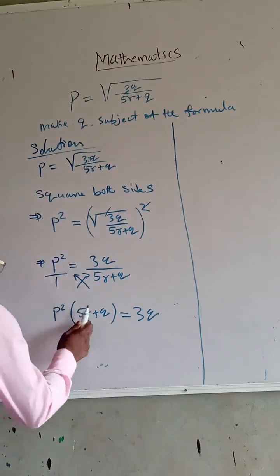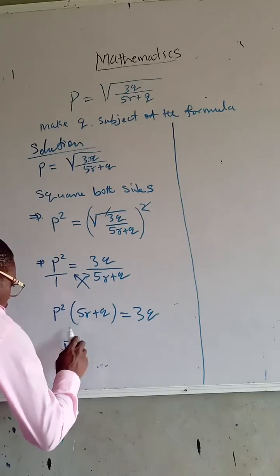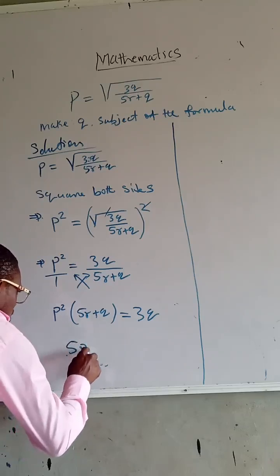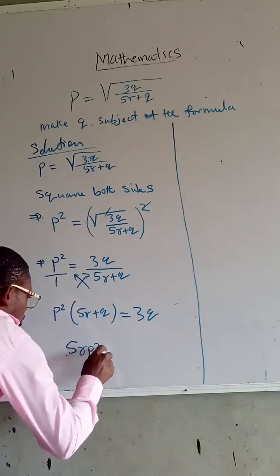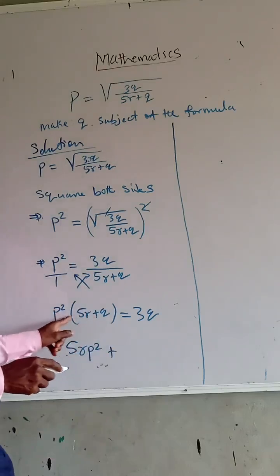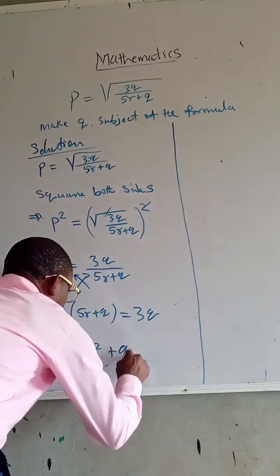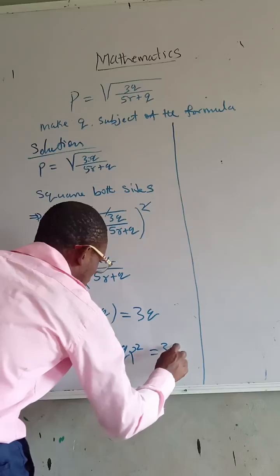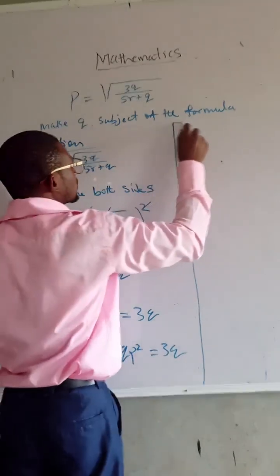Now p squared multiplied by 5r will give us 5rp squared, plus p squared multiplied by q will give us qp squared, equals what? 3q. Good.